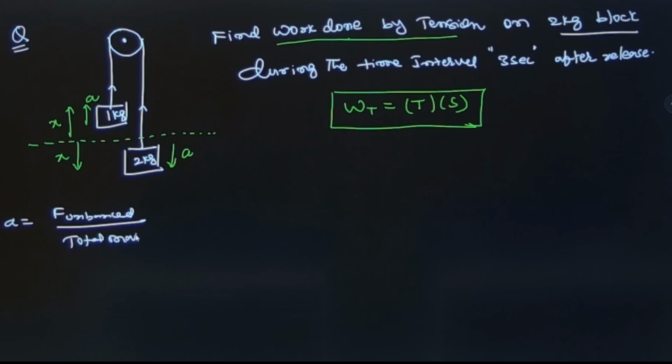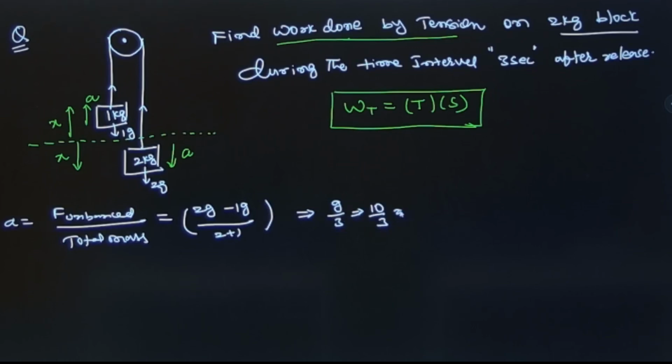So what is the unbalanced force? 2g is downwards, and 1g upwards. So 2g minus 1g by total mass 2 plus 1. 2g minus 1g is g. g by 3 is 10 by 3 meter per second square.